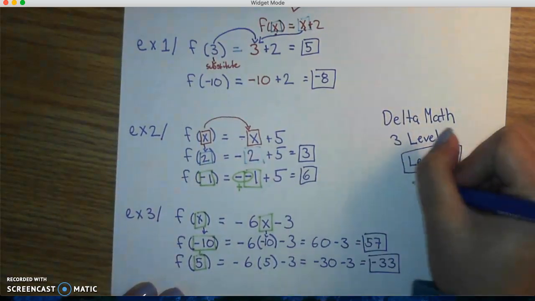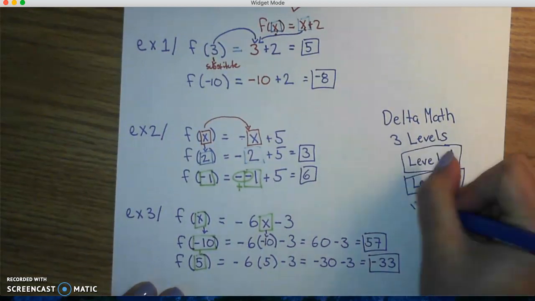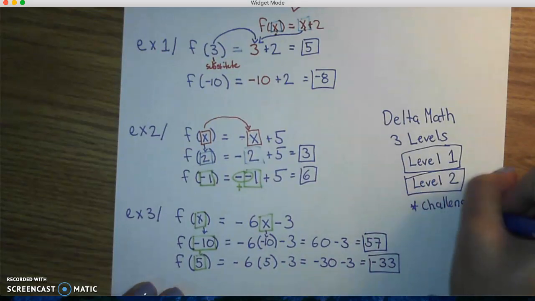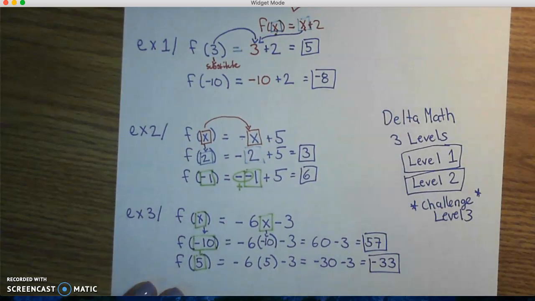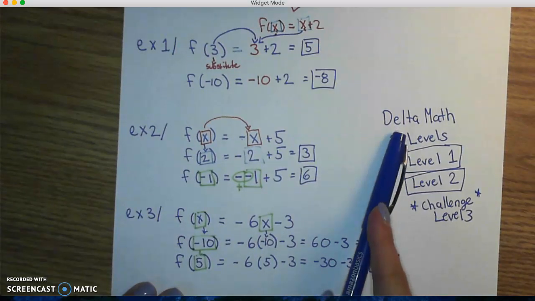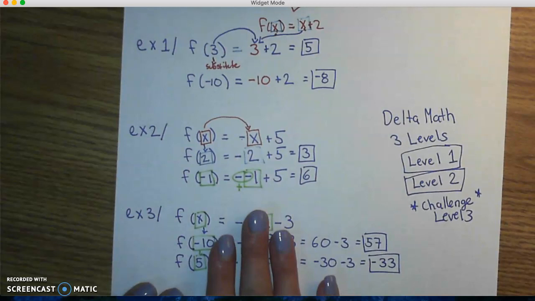Then level 2. And the last one is a challenge for level 3. This one is a challenge just to see if you can do it. So give this a try, Delta Math, and again, these notes will be uploaded into the Google Classroom. All right, thank you.